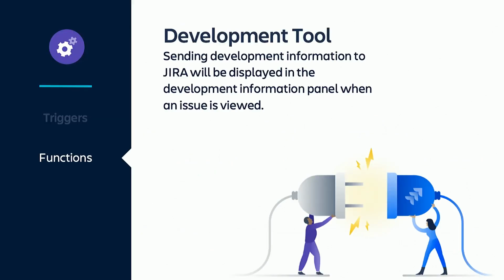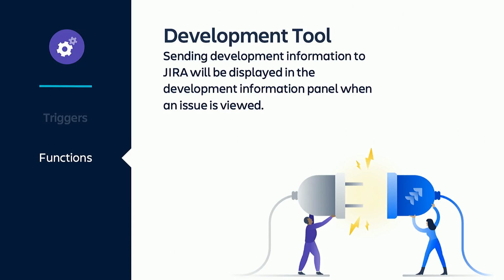And what's happening behind the scenes is that as each of these functions is triggered, each function is going to correspond to each of the respective modules that I define in my app descriptor.